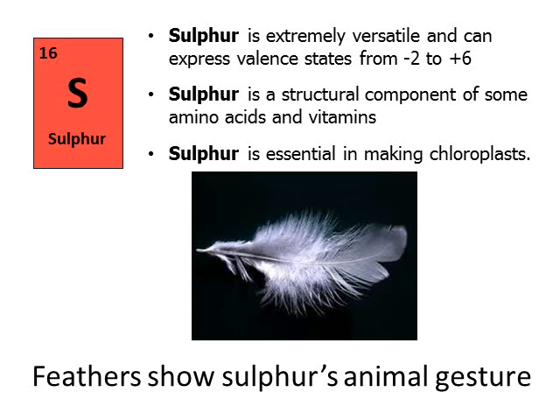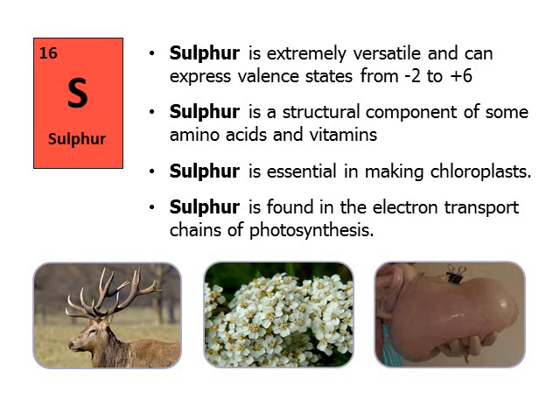So one of the things about sulfur is it's essential in making the chloroplasts that catch light in the plant kingdom. Now, it's found also in the electron transport chains of the photosynthetic process, so that it's very useful in that sequence of events that transports electrons in photosynthesis.